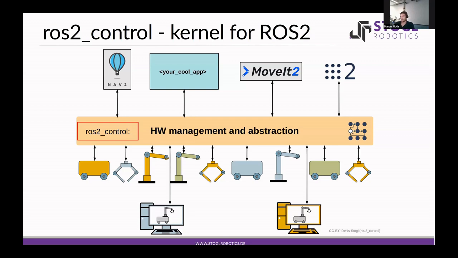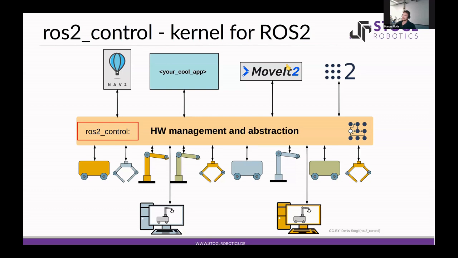For those people who don't know what ROS2 control is, you can kind of imagine it as the kernel for ROS2. So you have your hardware. You can see in the bottom of the picture, for example, industrial robots, mobile platforms, actuators or manipulators, sensors as well.